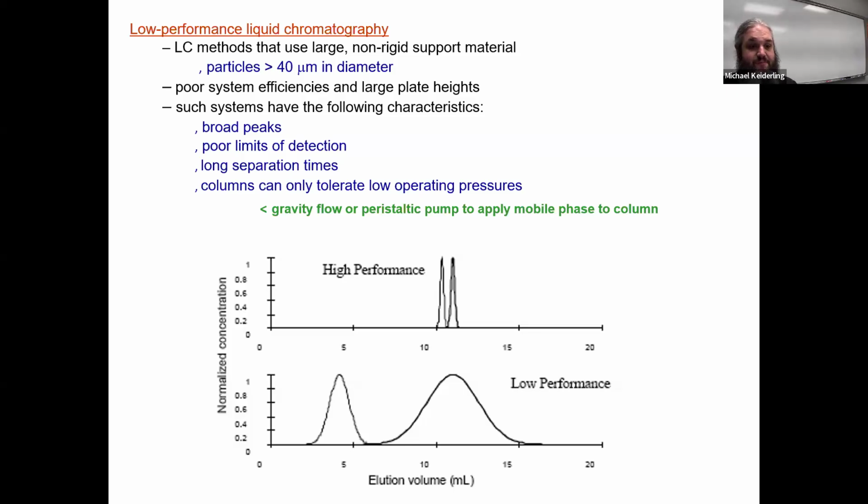So if you're just trying to separate your starting materials, to get rid of unwanted impurities for some sort of synthesis reaction, it's much easier to set up a gravity-based low performance liquid chromatography method than some sort of high performance one.